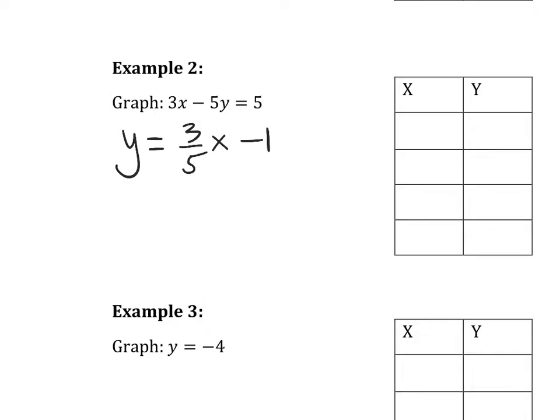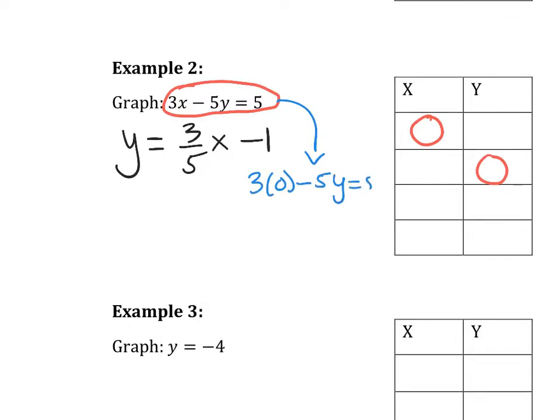Or remember, when it's in the standard form, it's really easy to find the y-intercept and the x-intercept, where x equals 0 and where y equals 0. So we could just do that, or we plug in 0 for x. So we'd have negative 5y equals 5, divide by negative 5, y equals negative 1.